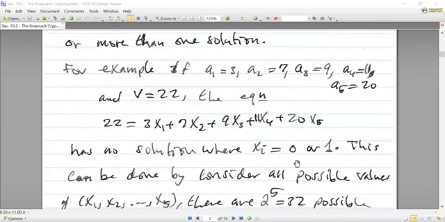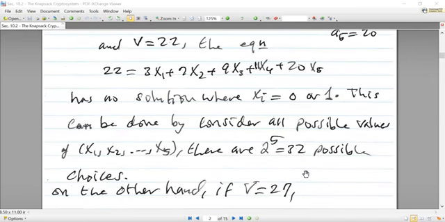You're going to find out this has no solution. One way to do this is by trying all possible values of the 5-tuple x1, x2, up to x5, taking the value 0 or 1. There is a total of 32 possible values of the x's. That's just applying the multiplication principle of counting, so it is 2 to the power 5.